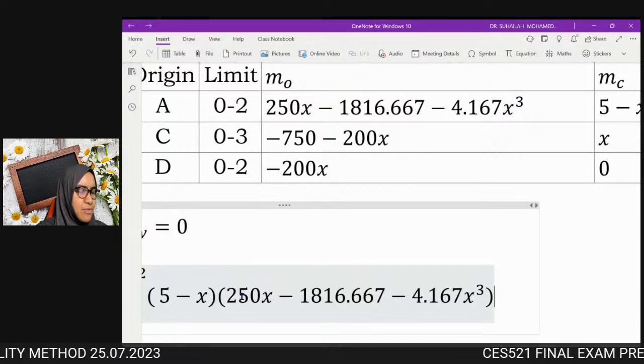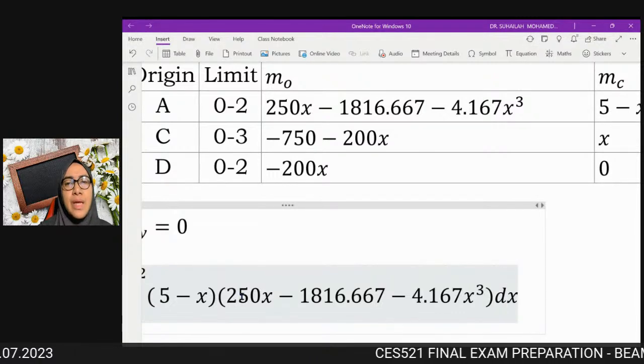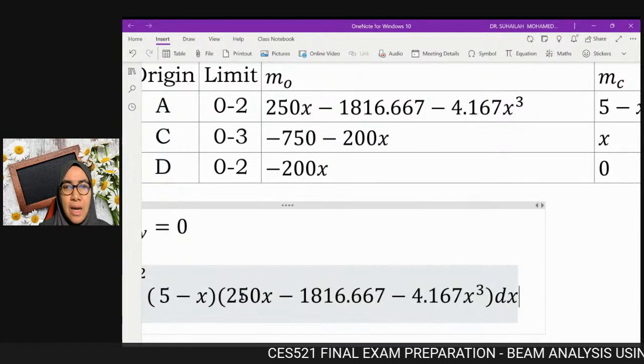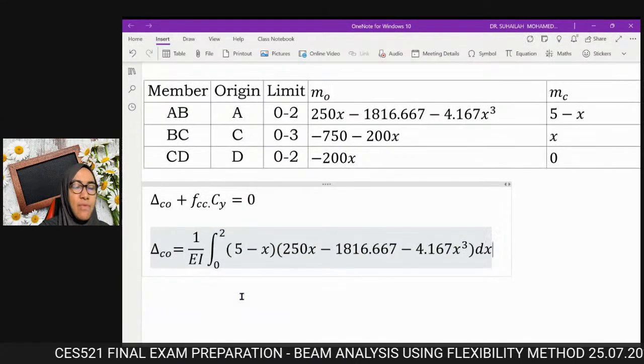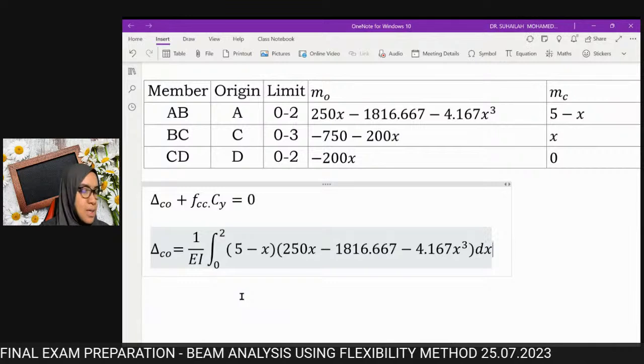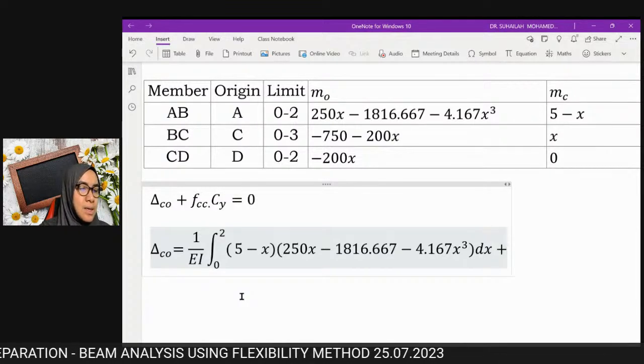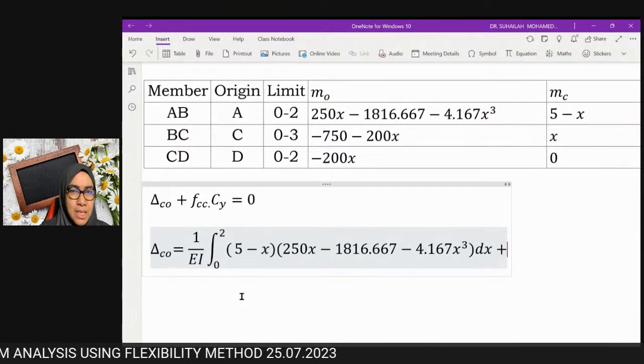Actually, you don't have to write the equation. You can just use a calculator and calculate the value. Okay, so that is for AB. So we add BC.